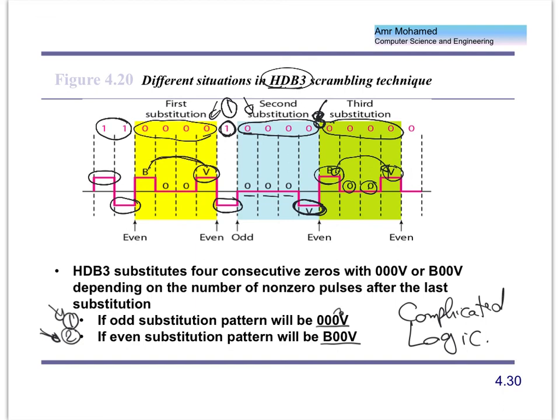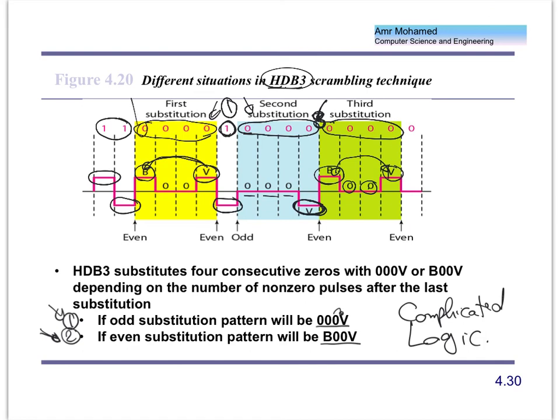So we have to go back and find all the 4 bits to convert them to 0. What you are saying is actually a very good observation, that now the receiver has to go back and forth in order to decode the bits, whether they are ones or zeros, right? If it finds that this is B, logically it may say, oh, okay, so this bit is 1.